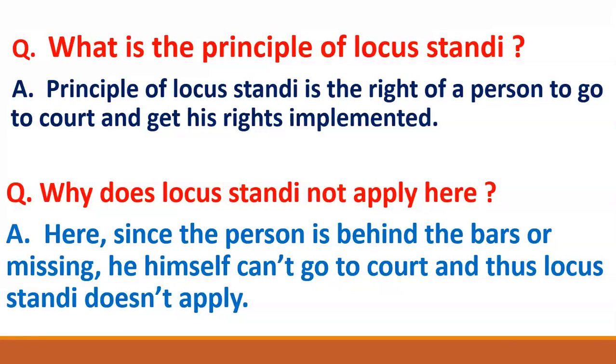So now it is your duty to go to court. You will go to court and file a case against that person, and then the court will give you relief. So if a person's fundamental right is violated, then that person himself has to go to court, means any other person cannot go to court on behalf of him.